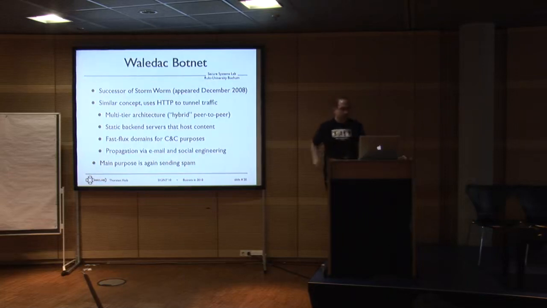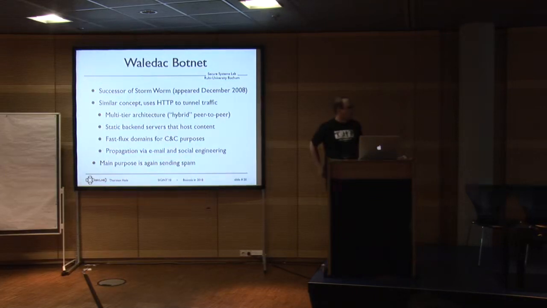So it was the successor of Storm, because Storm degraded, let's say it that way, because some of the backend servers were taken down in different efforts. So the communication protocol was stopped at some point, and then the botnet mostly disappeared. And then back in December 2008, we saw a new botnet emerging.